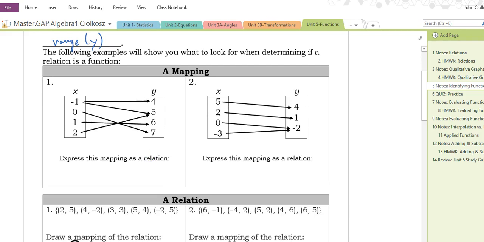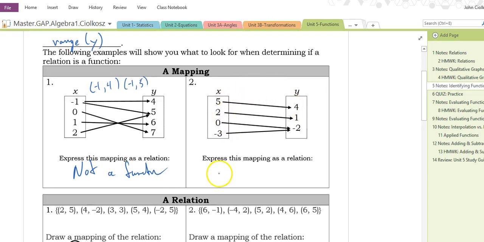And now, let's see if it's a function. Okay, well here, I see 2 arrows coming out of my -1. That means I have -1 going to 4, and -1 going to 5. Well, that means -1 goes to 2 things, so not a function. Here, each x goes to only 1 y.